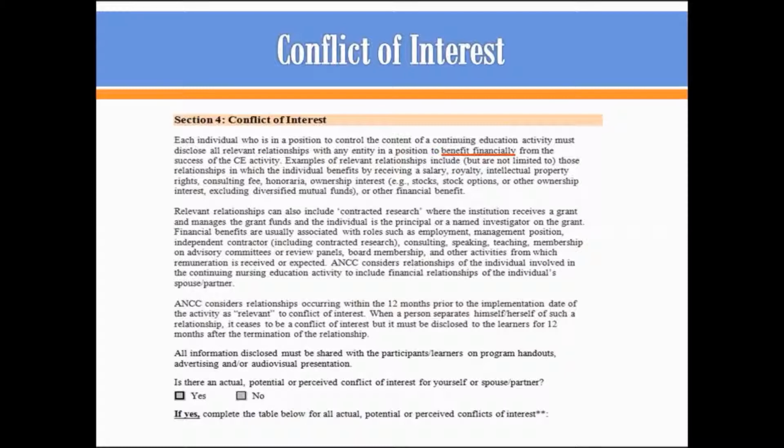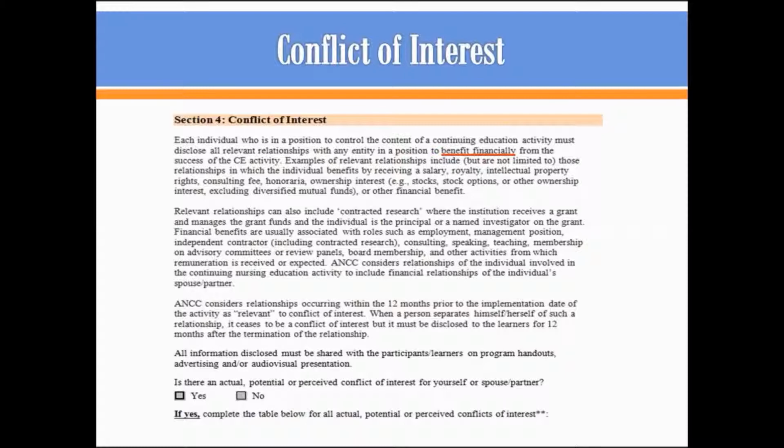Examples of relevant relationships include, but aren't limited to, those relationships in which the individual benefits by receiving a salary, royalty, intellectual property rights, consulting fee, honoraria, ownership interests such as stocks or stock options or other ownership interests, but it does not include diversified mutual funds or other financial benefit.